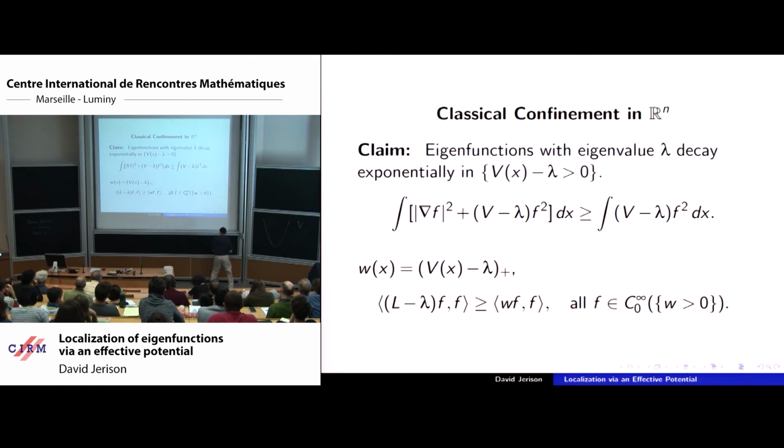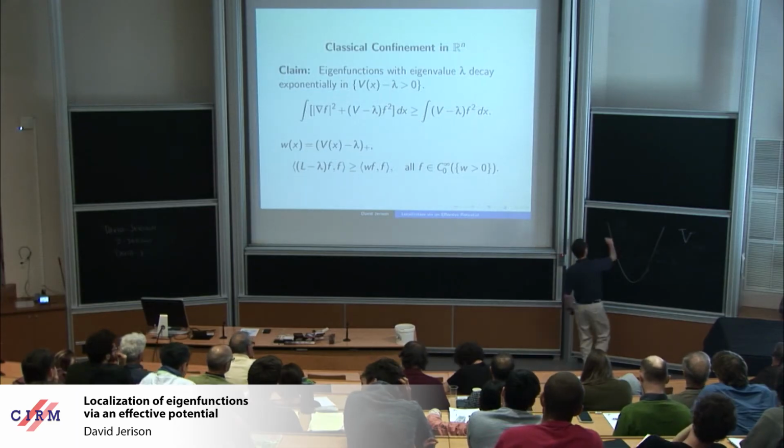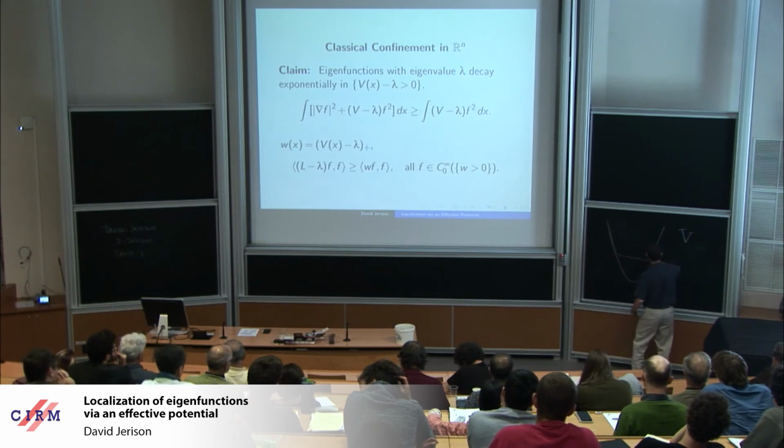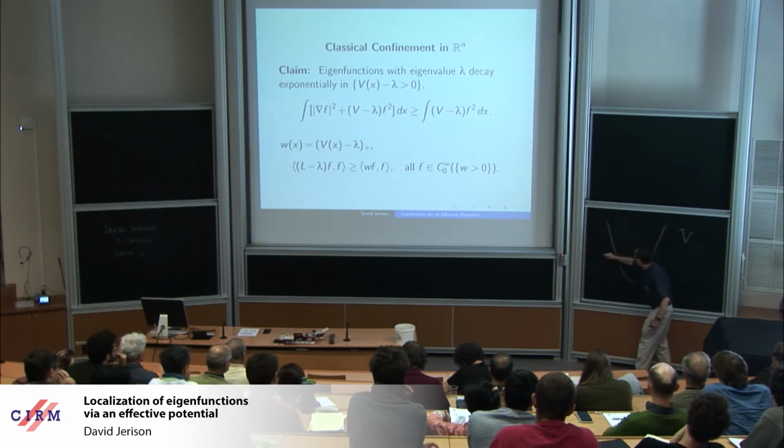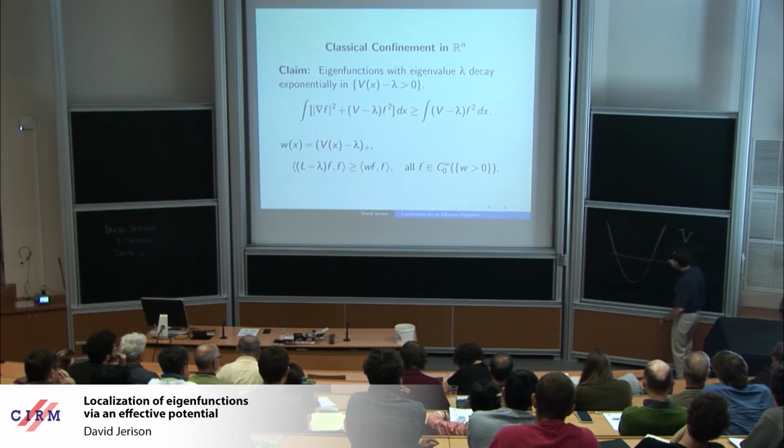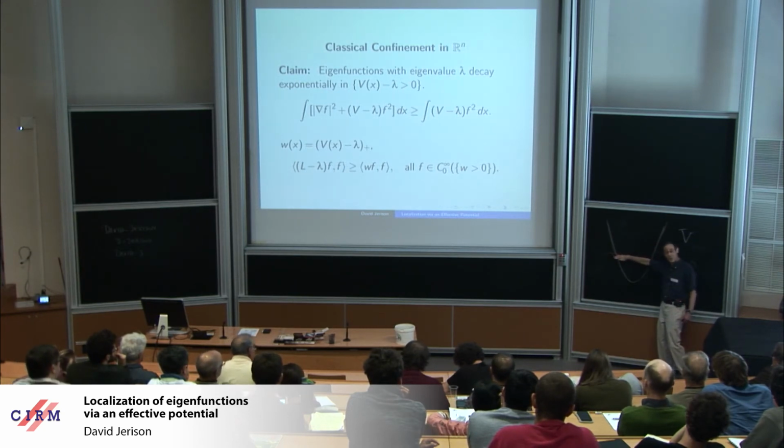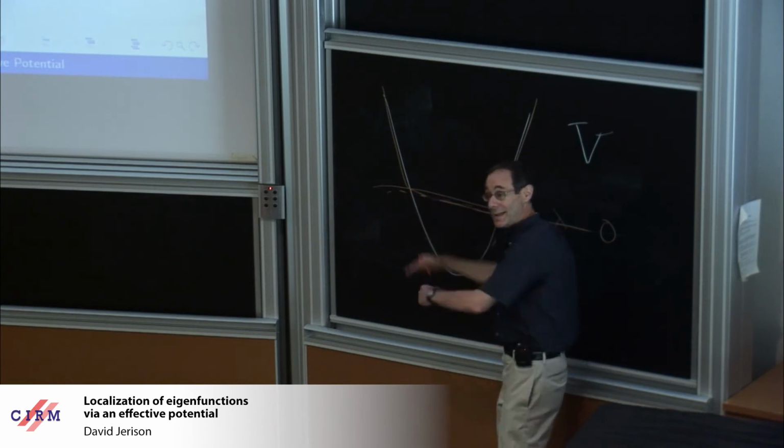And so the function that I'm considering, this is a very important part of the notation here, is that the function W is this function. It's flat, and this is its zero level, and then it's going up. So W is 0 here, and then it's going up.